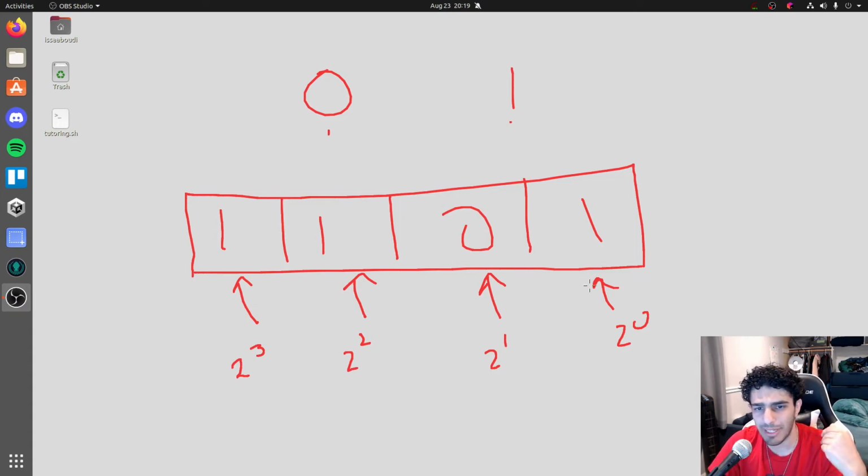This is my strategy for converting between binary and decimal numbers. So we have a 1 here, and because 2 to the 0 is 1, this is the 1. This is 0, so 2 to the 1 is 2, but we don't have a 2, so we don't have this at all. 2 to the 2 is 4. 2 to the 3 is 8. So we have an 8, a 4, and a 1.